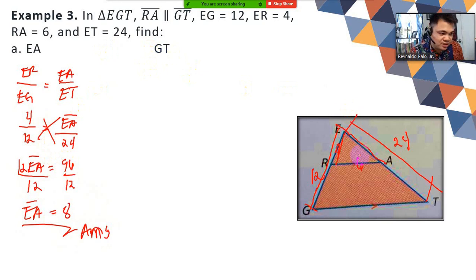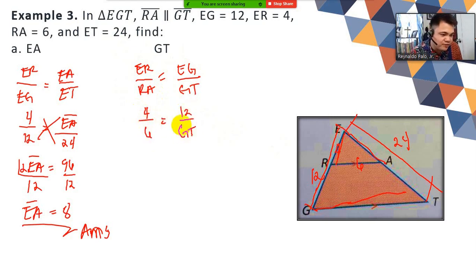Next, let's find GT. GT is this one, the base. So we can use the proportion that we formed a while back. Segment ER over segment RA equals the bigger segment EG over the missing one, GT. Substitute the values. ER measures 4, RA measures 6, EG measures 12, and we are looking for segment GT.